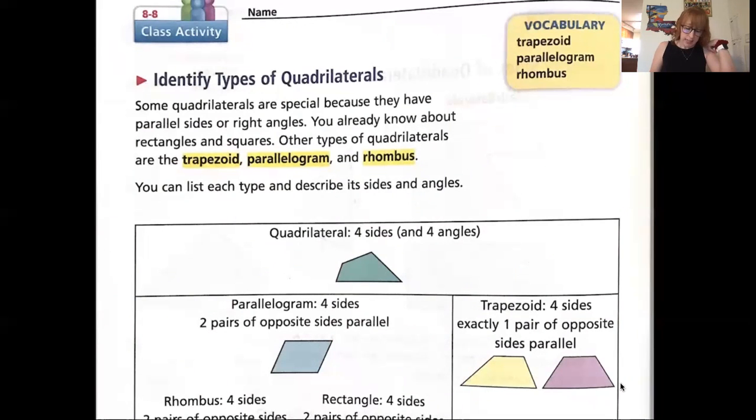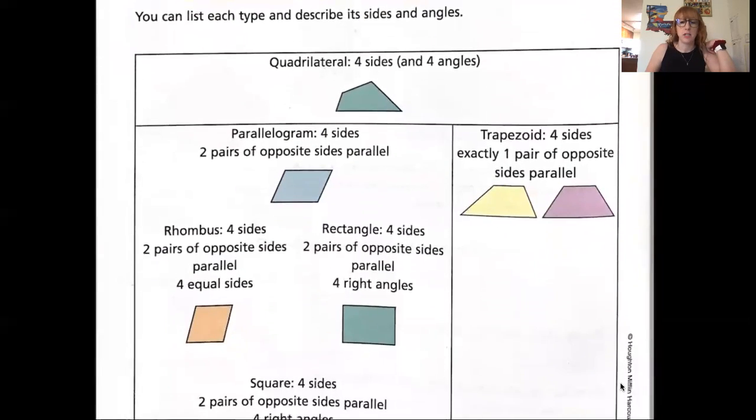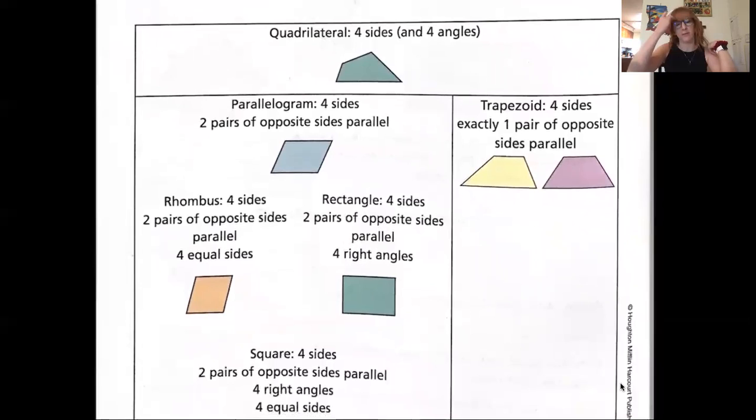It says some quadrilaterals are special because they have parallel sides or right angles. We already know about rectangles and squares. Other types of quadrilaterals are trapezoids, parallelograms, and rhombus. Using this chart, we look carefully at the different things that classify quadrilaterals.